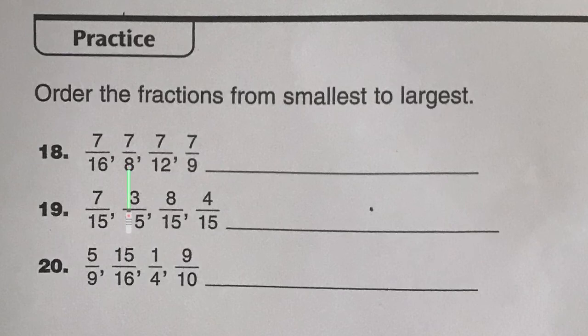If I had 8ths, those would be larger than 12ths or 9ths or 16ths. So the largest is going to be 7/8, and the smallest would be 16ths, right? 16ths are smaller. And I'll let you figure out the other two in the middle on your own.